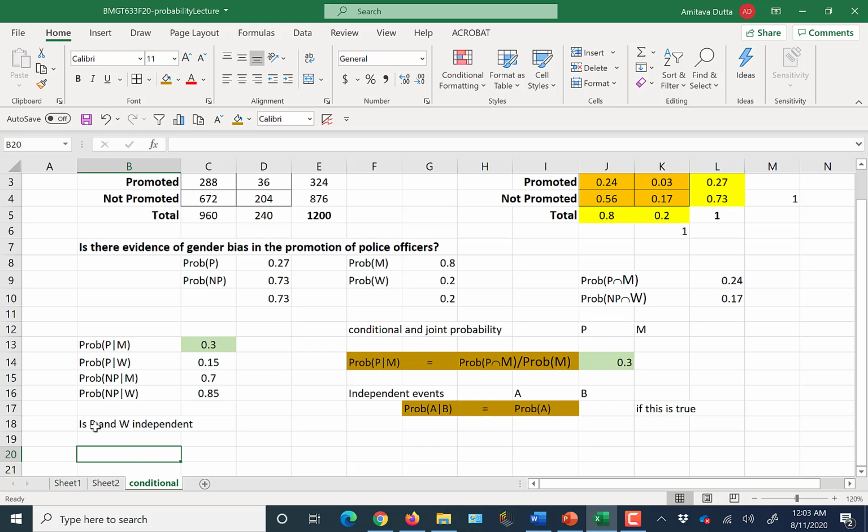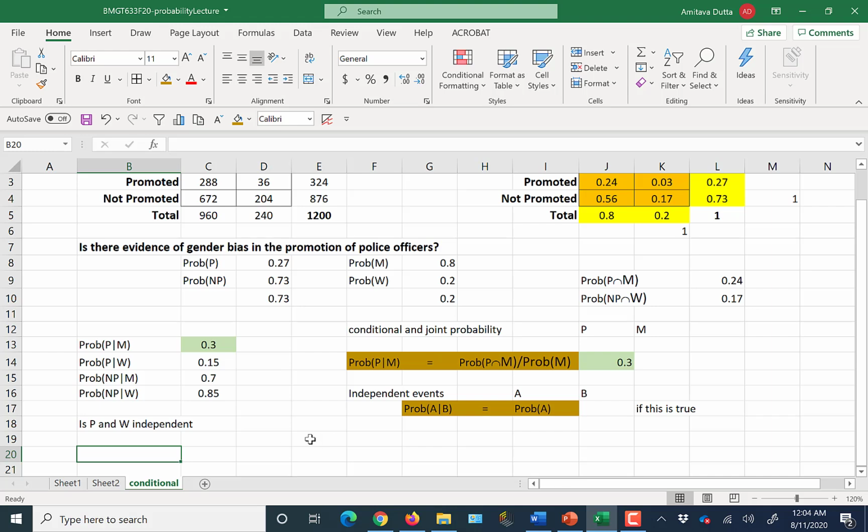Meaning, here are two events. One is the officer is promoted. The other event is the officer is a woman. Are those two events independent? Meaning, if W has happened, does it have an impact on P? Okay, or it doesn't? We want to check it.